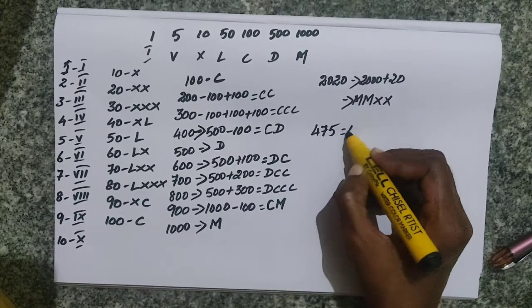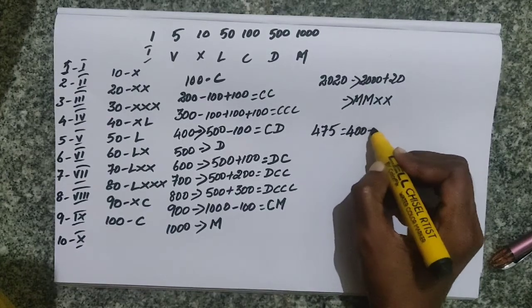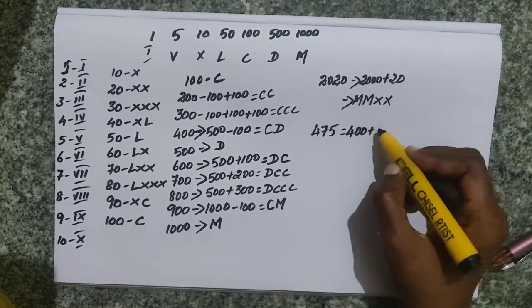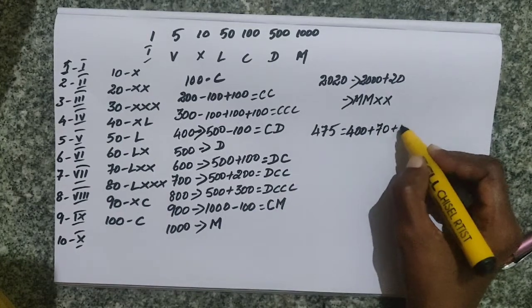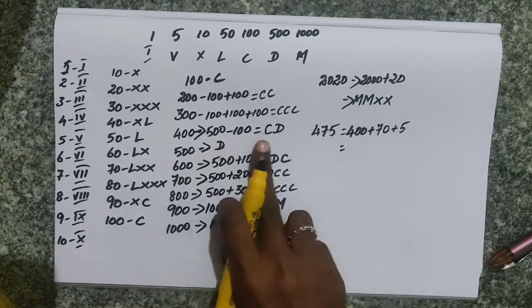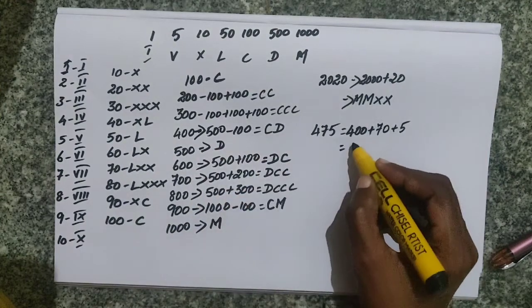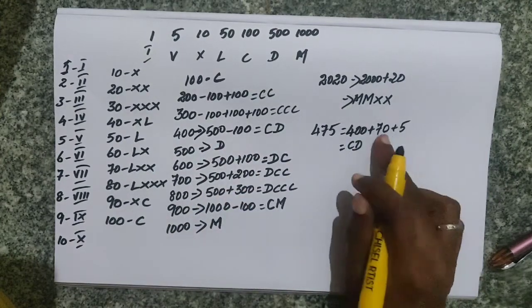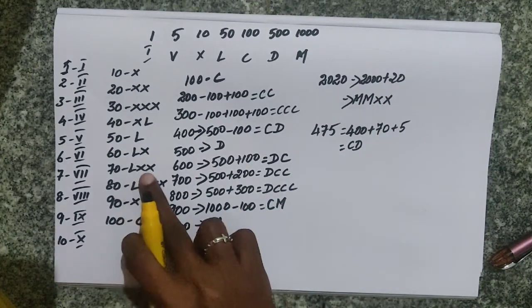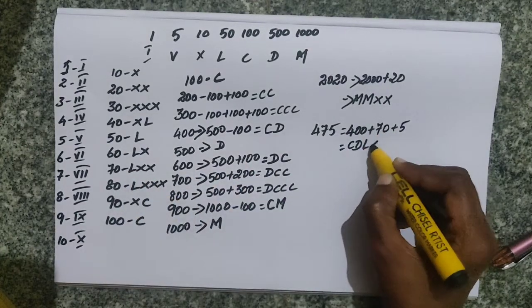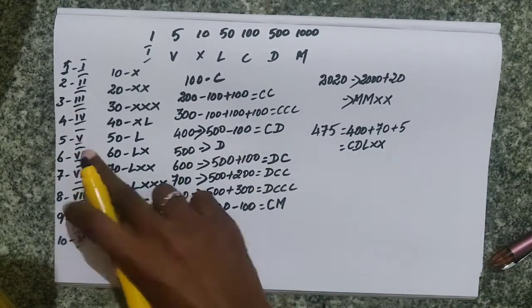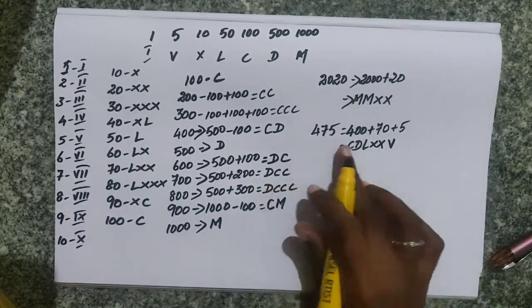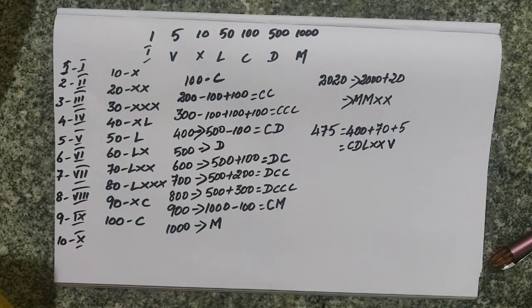For 4 the place value is 400, for 7 the place value is 70, and for 5 it is 5. 400 is written CD. Again 70 is LXX. Again 5 is V. So this is the way we write 475.